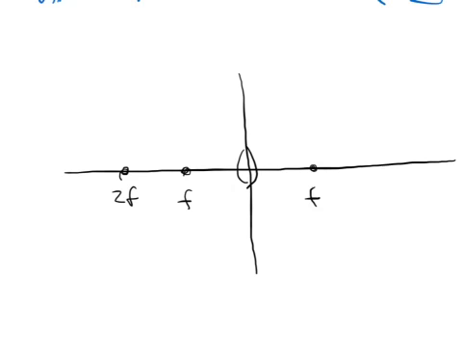It's a little bit tricky to get it perfect, but if you are doing this for real, I suggest measuring it out and getting it very geometrically accurate. So we're going to do all five, with our object in five different locations: outside 2F, at 2F, between F and 2F, at F, and inside F.